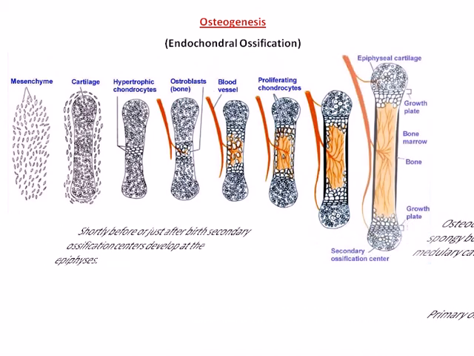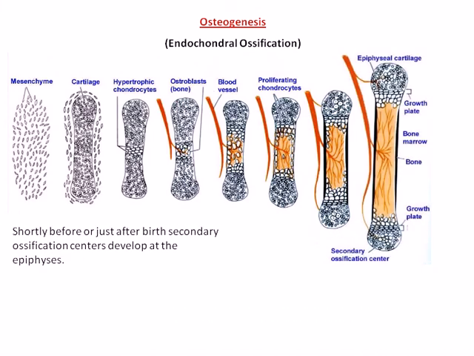Shortly before or after birth, secondary ossification centers appear in one or both epiphyses, and the epiphyses gain bony tissue. The cartilage in the center of the epiphysis calcifies and deteriorates, opening up cavities that allow entry of a periosteal bud. Then bone matrix is secreted around the remaining cartilage fragments by the entering osteoblasts.